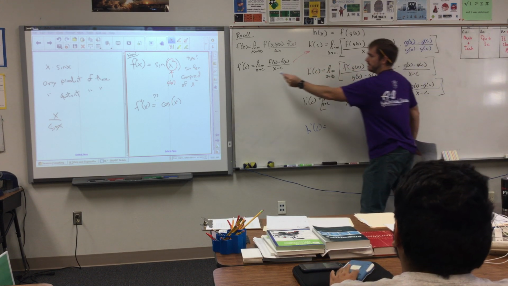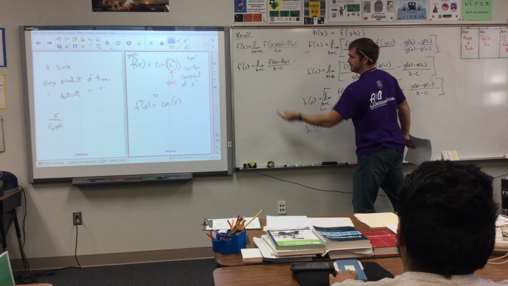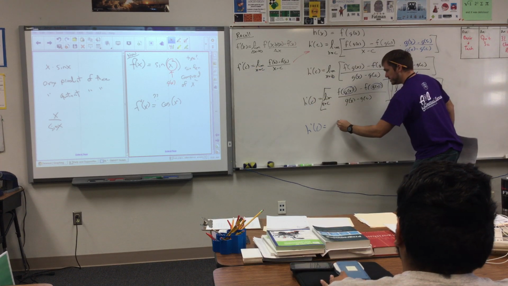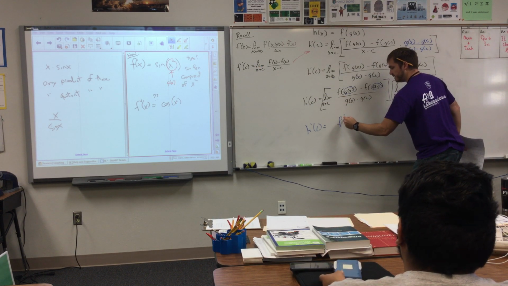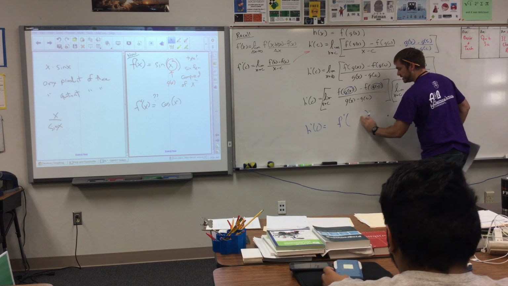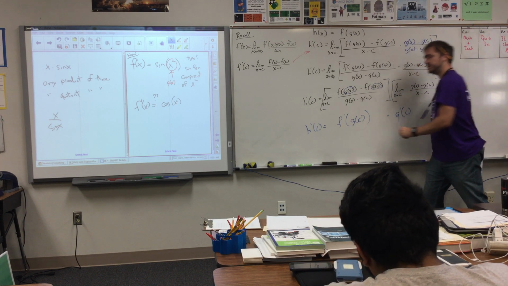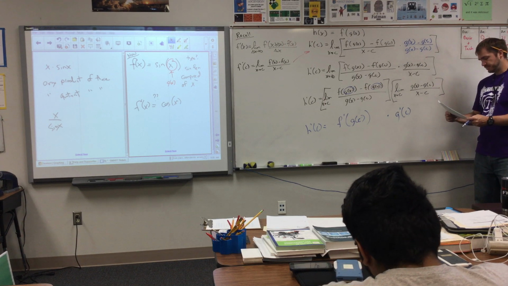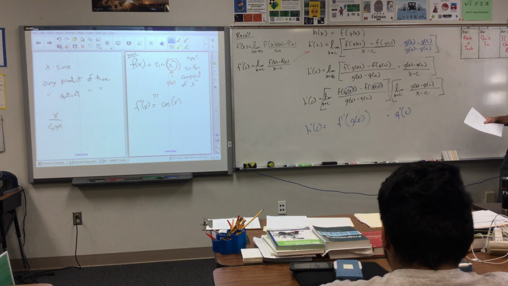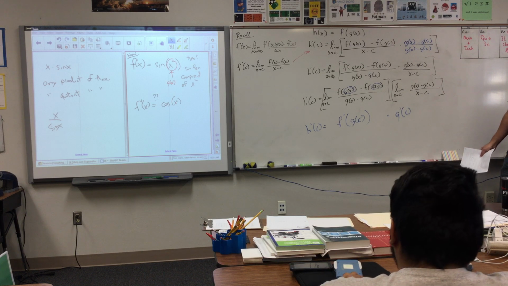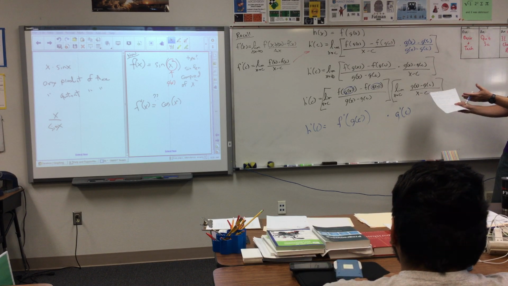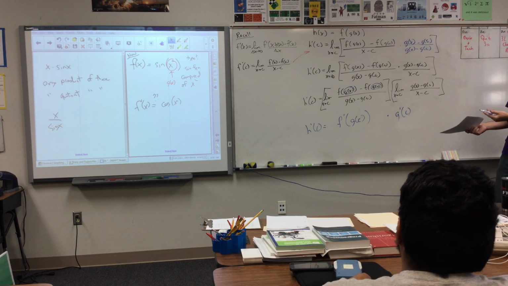So since this was f prime of c, this would be f prime composed of g of c. That is the derivative evaluated at a point.